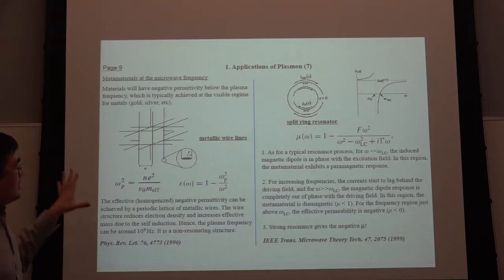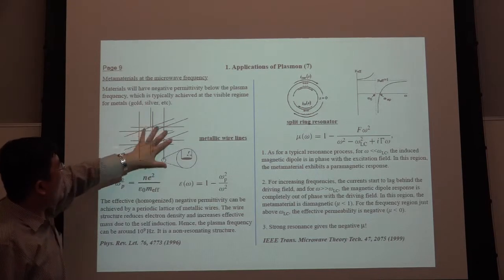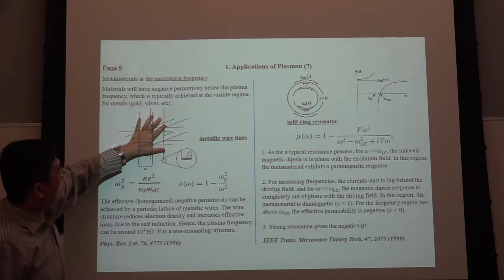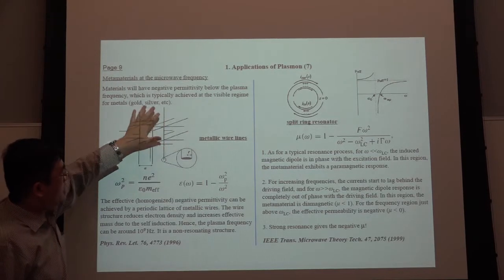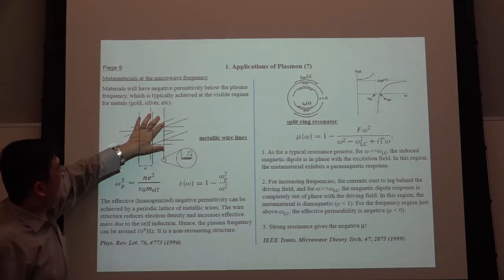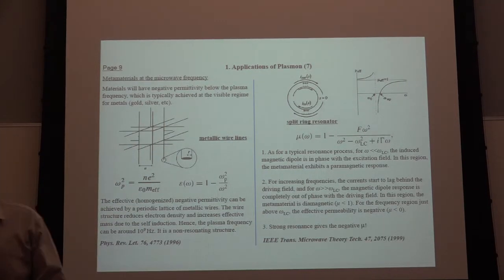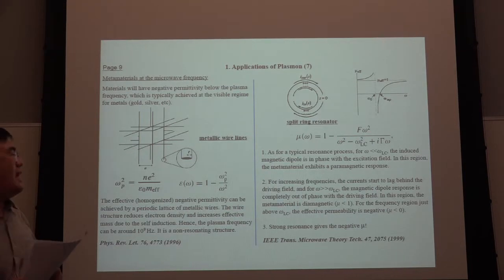But when you see this periodic structure, this metallic wire line, as a homogeneous media, it shows this single-negative feature, epsilon smaller than 0. What is PEC? Perfect electric conductor. So let me talk about the first case.